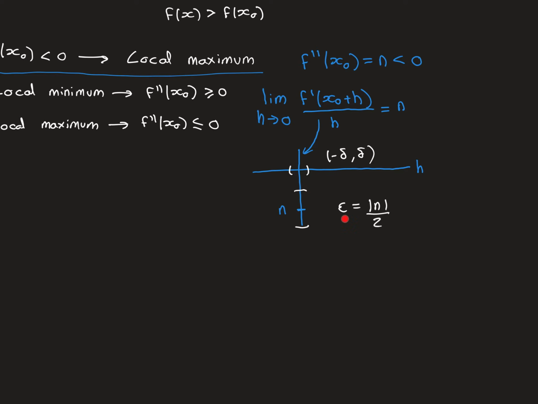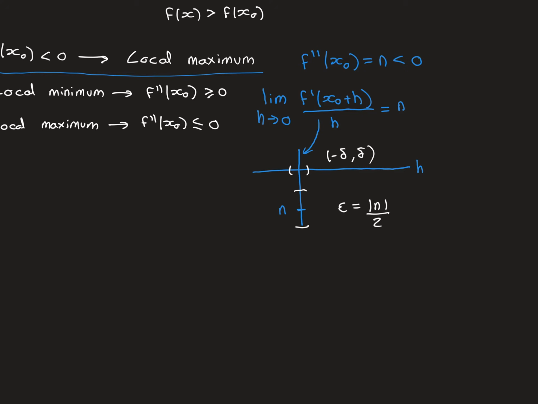Now again, I'm going to set epsilon equal to a value that makes sure that the epsilon interval around n is entirely negative. So I'm going to take the mod of n and divide it by 2. Because n is this time negative, I need the modulus sign there. So I can take n, I can take the positive version of it, which is the modulus, and then divide that by 2, and then I can set up this epsilon interval around n.